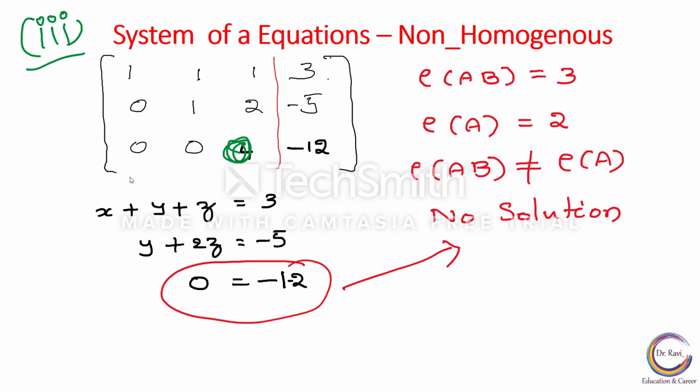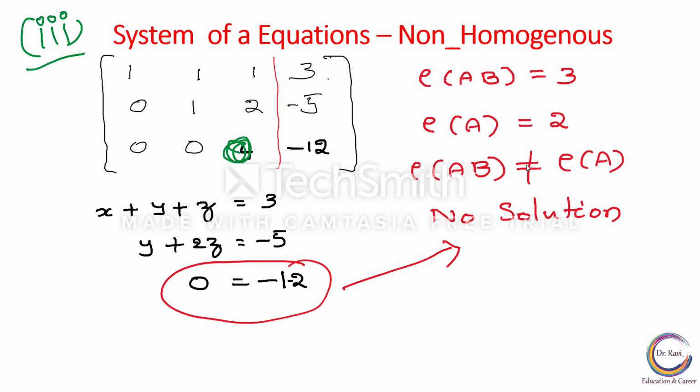Then A is this part only, right? Here it has 2 non-zero rows only, this one as well as this one. Therefore, rank of A equal to 2. So rank of AB is not equal to rank of A. Therefore, there is no solution. That is, the system is inconsistent.